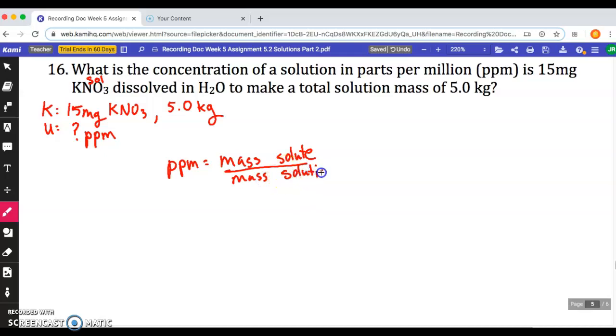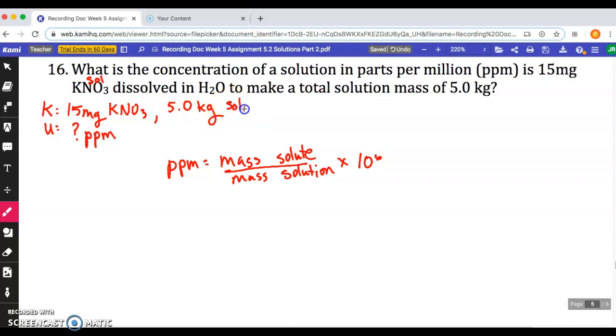And remember, for mass, we are dealing with grams, kilograms, milligrams, anything with grams. Okay, times 1 million, 10 to the 6. Okay, and the mass of the solute we have here, it is 15 milligrams. The mass of the solution is 5 kilograms.